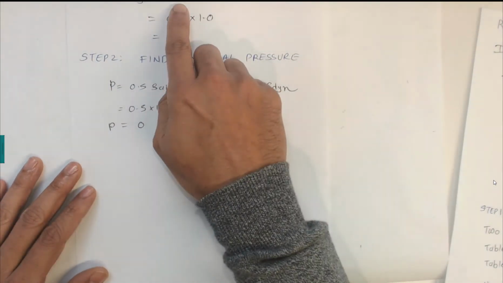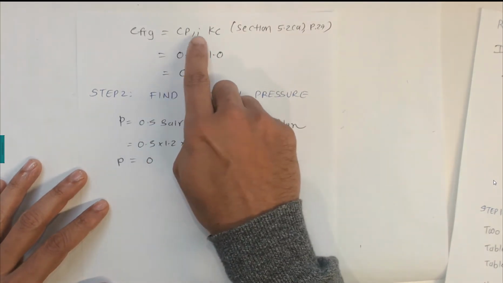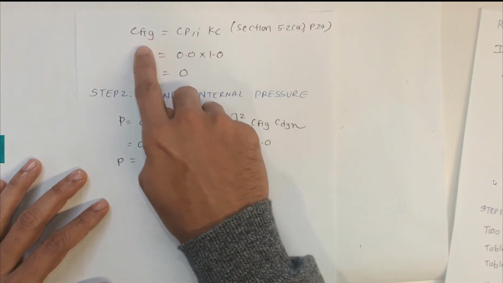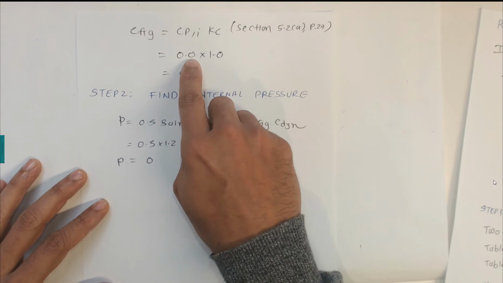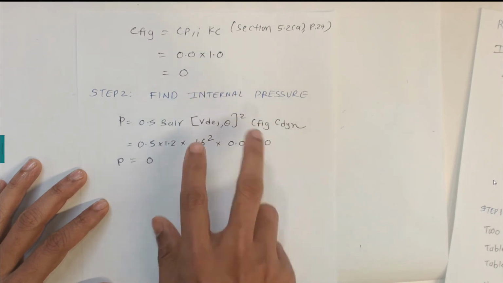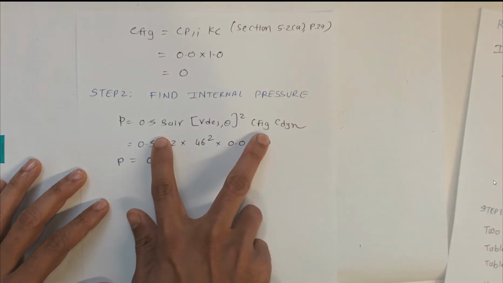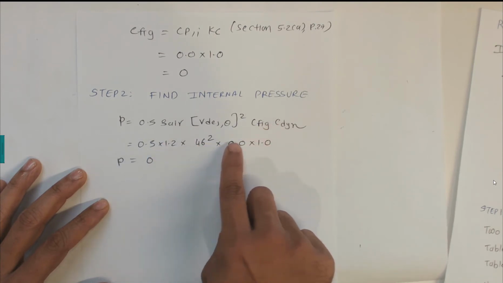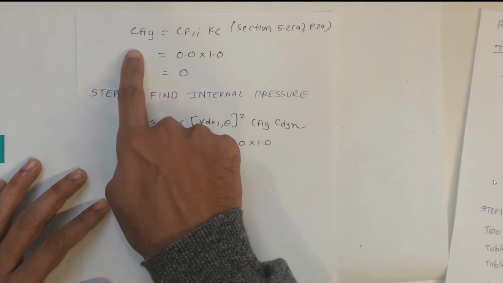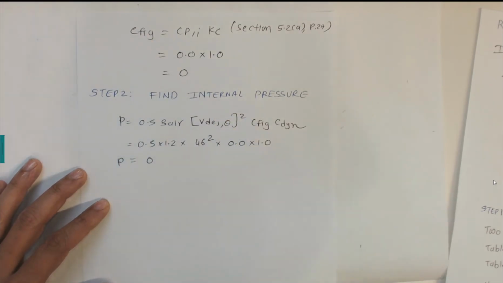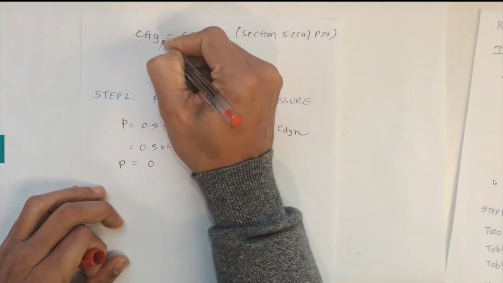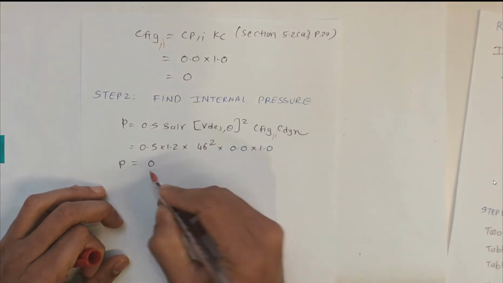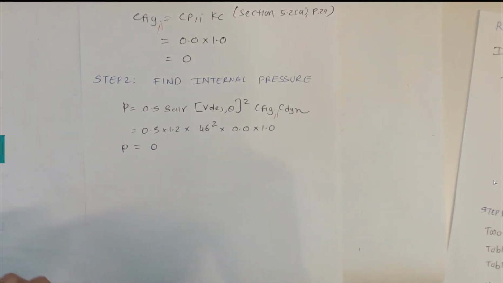Once you find C_p,i, we can find the aerodynamic shape factor by substituting the value 0 and K_c,i, so that is 0. Use this to calculate the design wind pressure. We can use this equation and substitute all the values, but C_fig,i is equal to 0, so the internal pressure is 0.